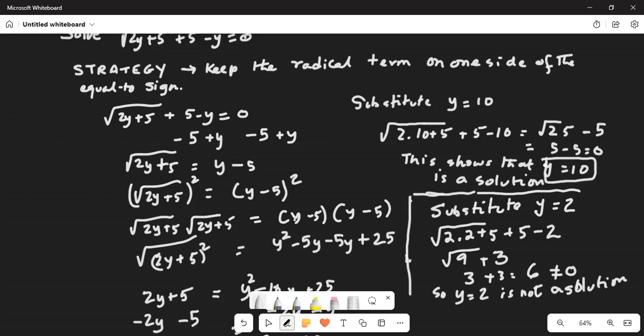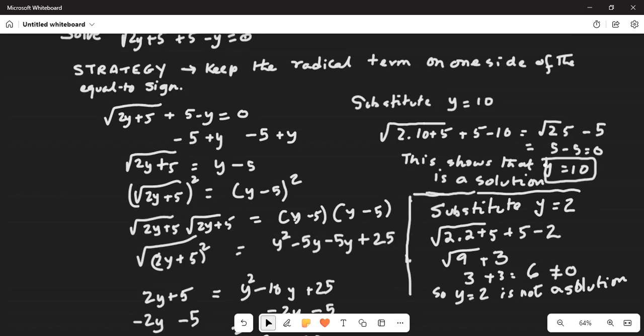So let me summarize what I did. First we separated the radical term from the other terms. We kept the radical term on the left-hand side of the equation: square root of 2y plus 5 is equal to y minus 5. Now in order to remove the square root from the left-hand side, we squared both sides.